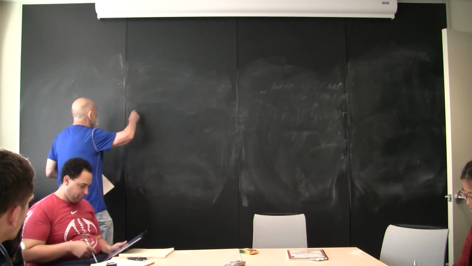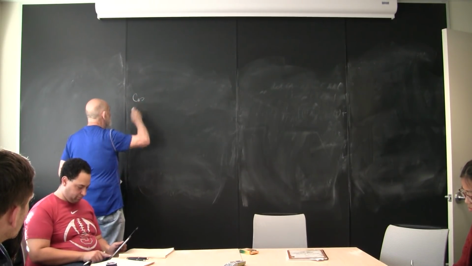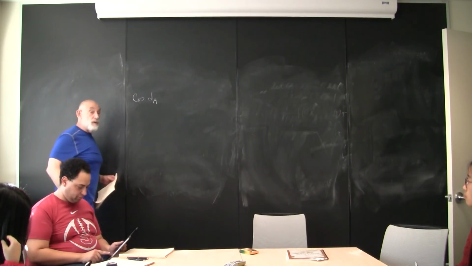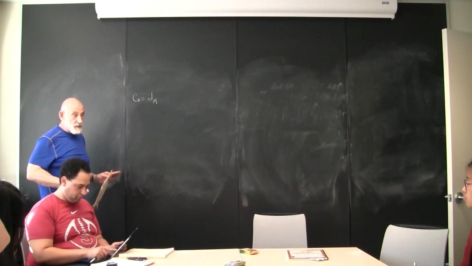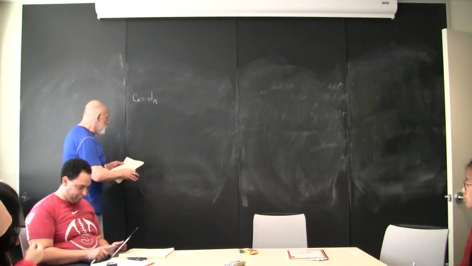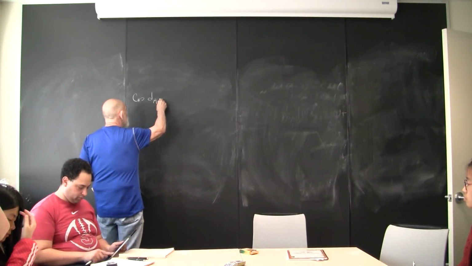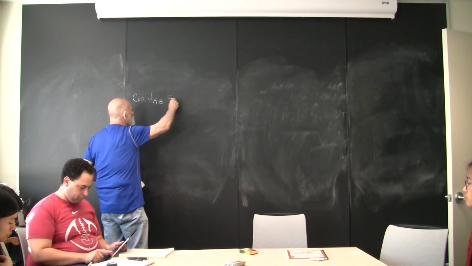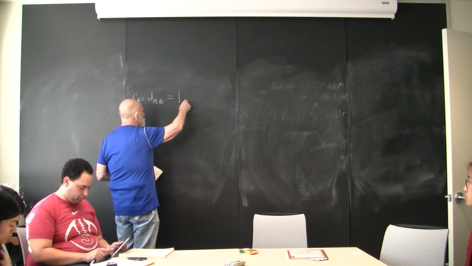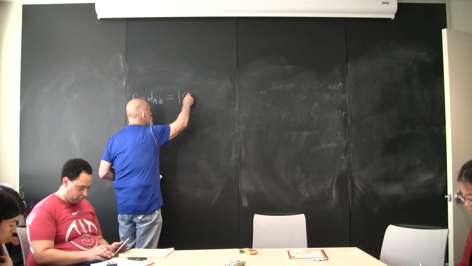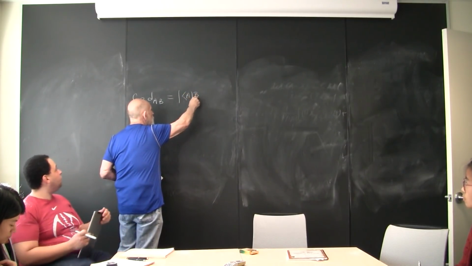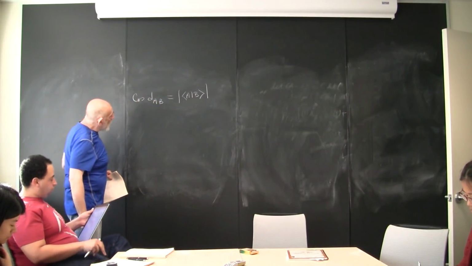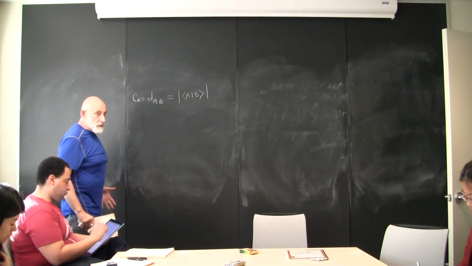The usual definition is that the cosine of the distance between normalized states, states of unit norm in the Hilbert space, is just the absolute value of the inner product between A and B. If A and B are the same state, the distance is 0.